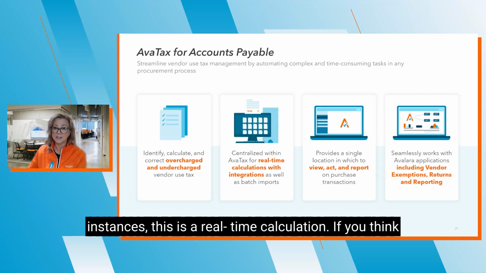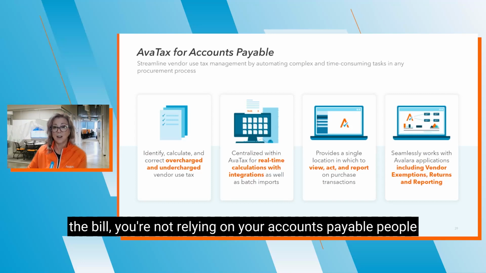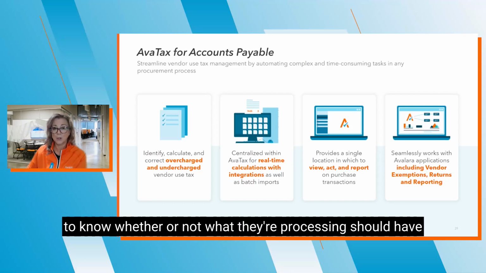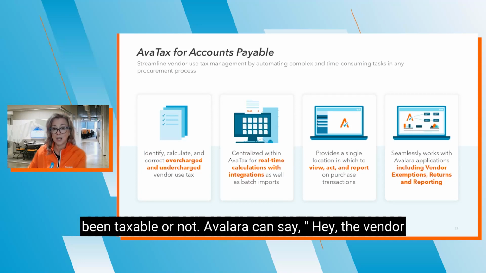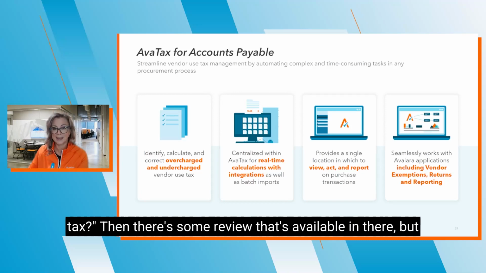In many instances, this is a real-time calculation. If you think about going into accounts payable and you're trying to process the bill, you're not relying on your accounts payable people to know whether or not what they're processing should have been taxable or not. Avalara can say, hey, the vendor didn't charge you tax. Do you want to accrue that tax? And then there's some review that's available in there.